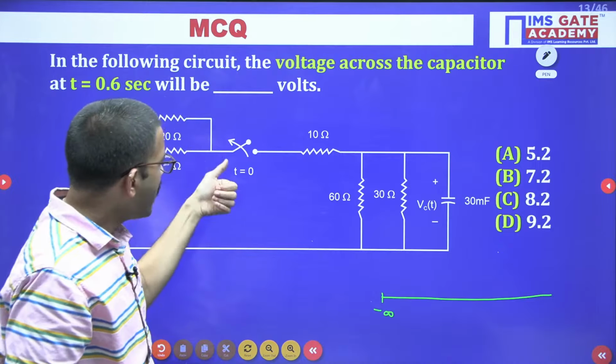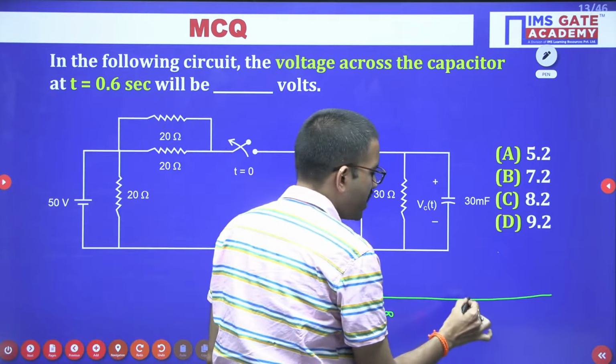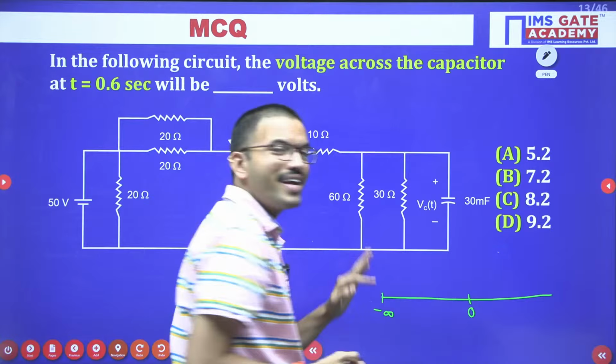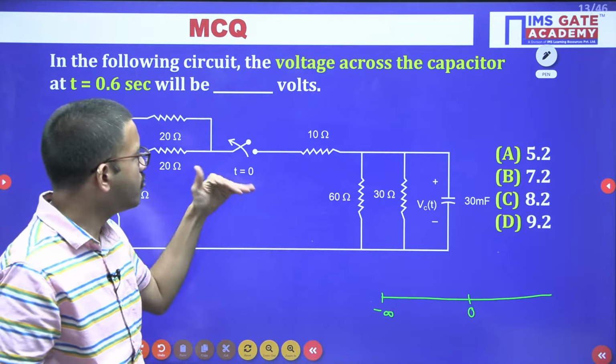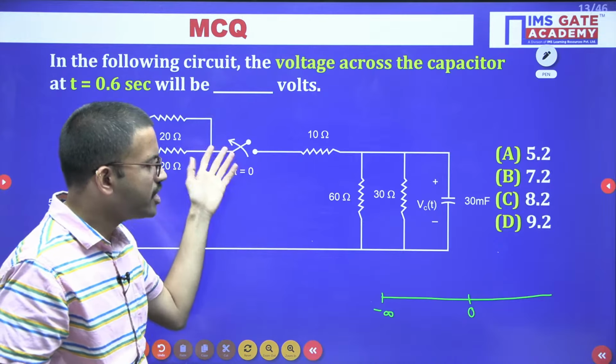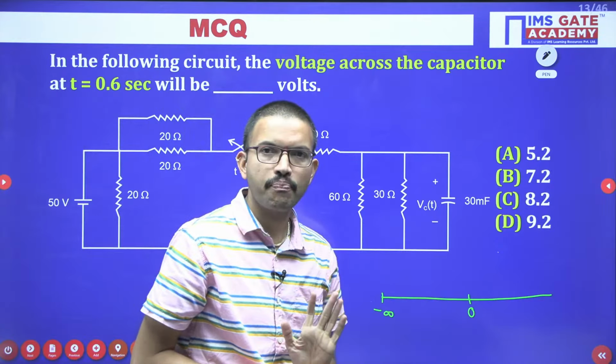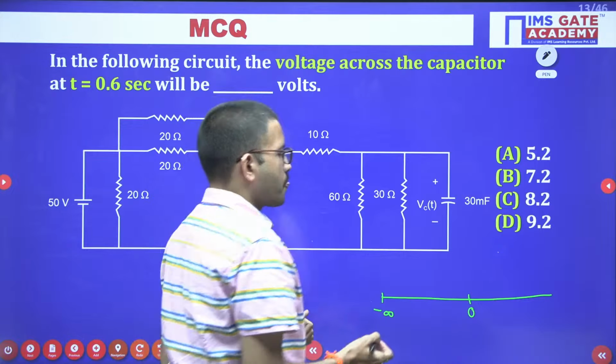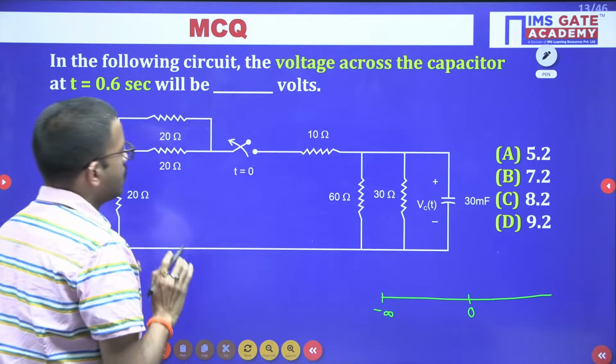Now at t equal to 0 instant, we are making some switching action. Whether we open the switch or close the switch, that action we are doing at t equal to 0 instant.